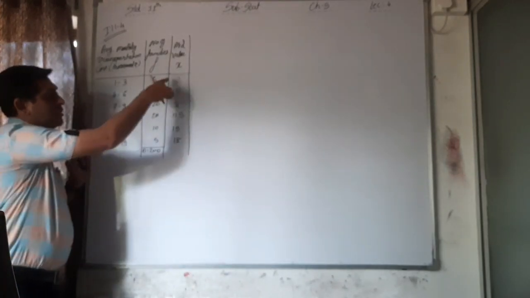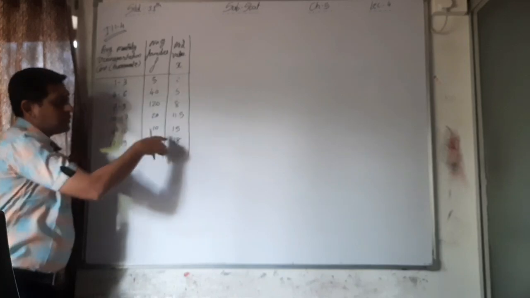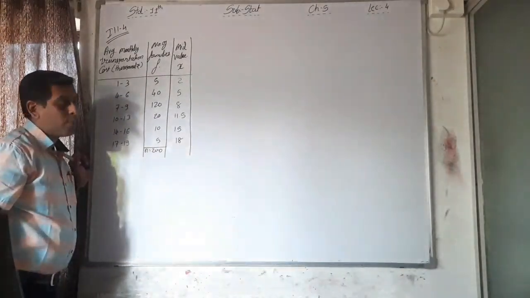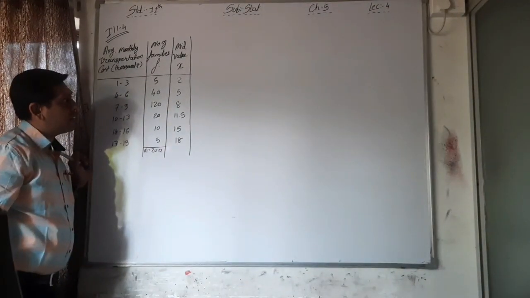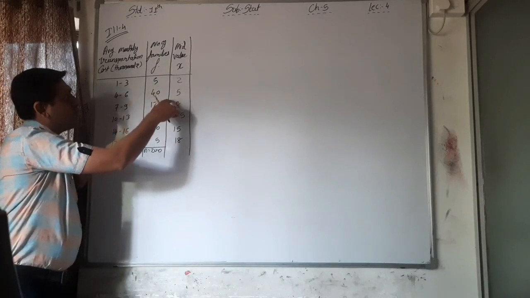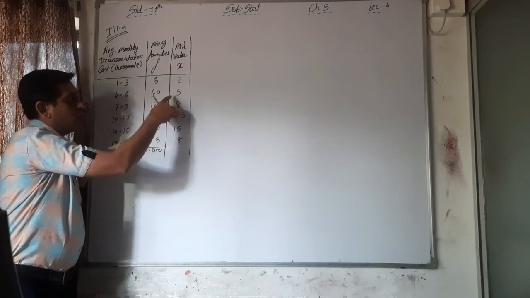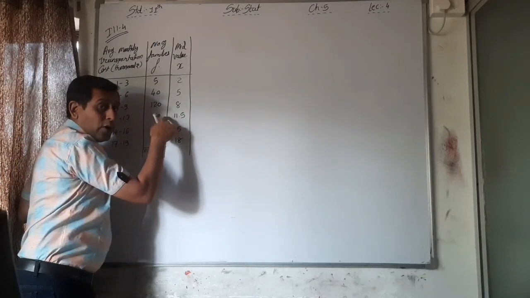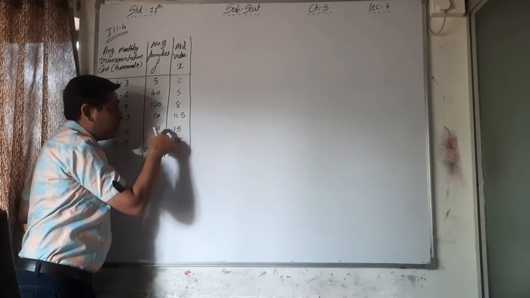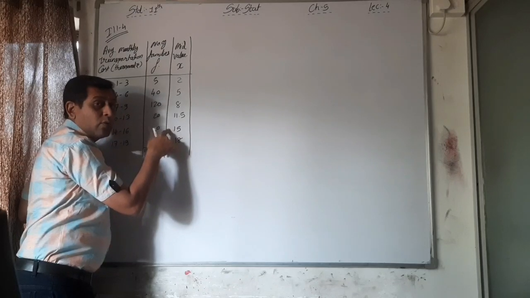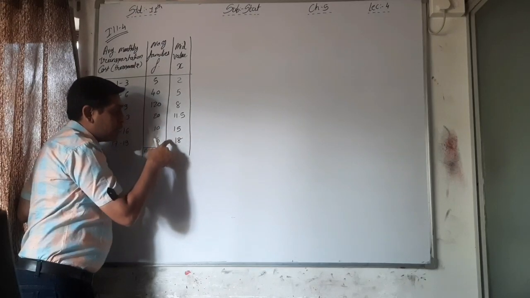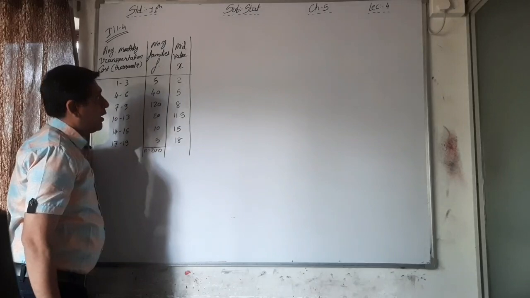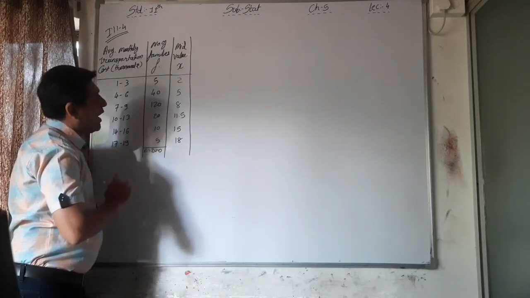Only the change is here. Otherwise, your mid value is at equal distance. 2 plus 3, 5, 5 plus 3, 8, 8 plus 3.5, 11.5, then again 3.5, that is 15, then again 3. Okay. So here your x is there.